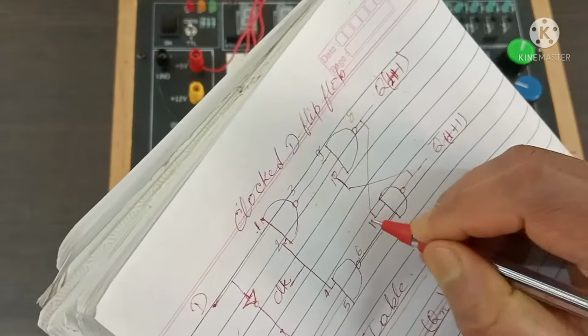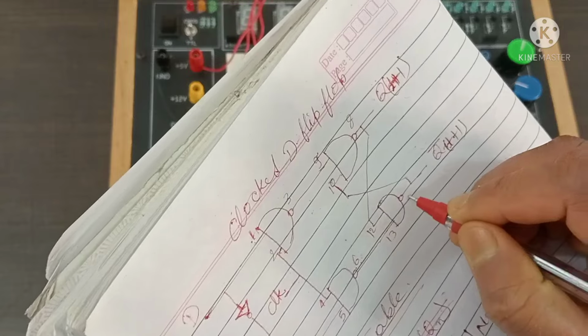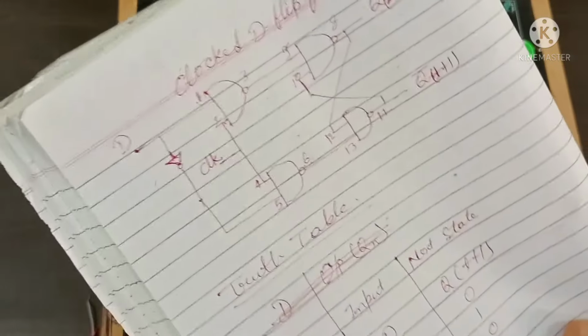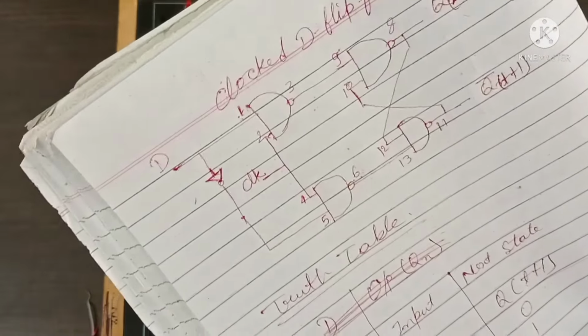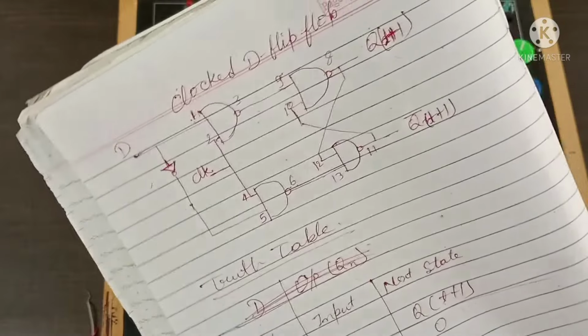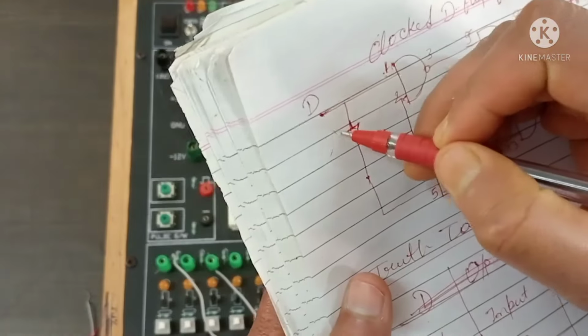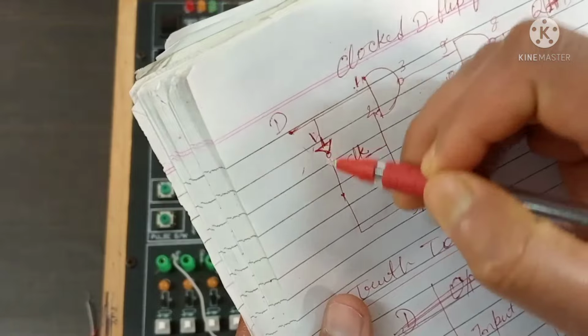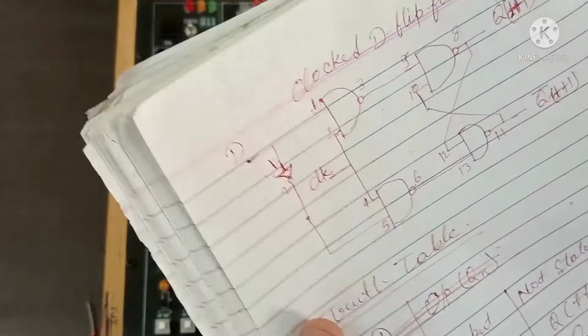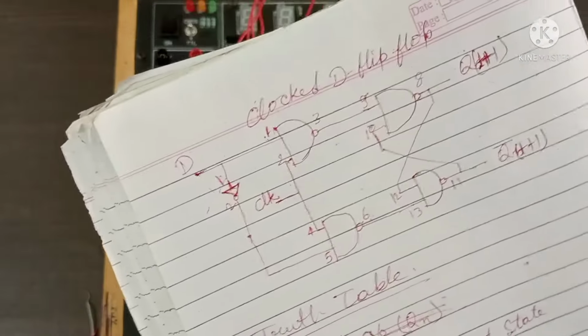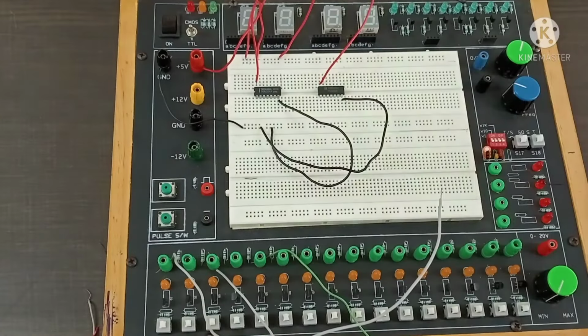You will get this pin description in the pin diagram of IC 7400. And here I can write this is pin number 1 of the NOT gate IC, this is pin number 2 of the NOT gate IC. According to this I'm going to make the connection.